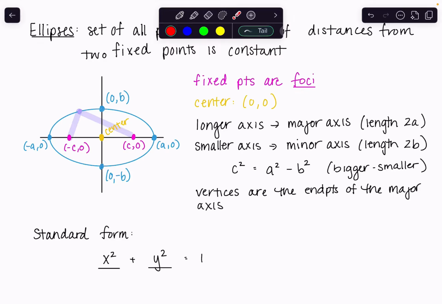So x, in this case, because again, the major axis is in that x direction, it's the longer one. The value that goes under x is the distance out to that vertex. So this will end up being a squared. And then what goes under y deals with the distance to the edge of that minor axis. So you end up with b squared.